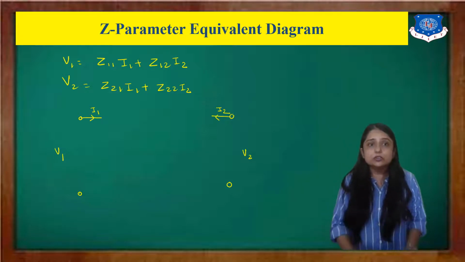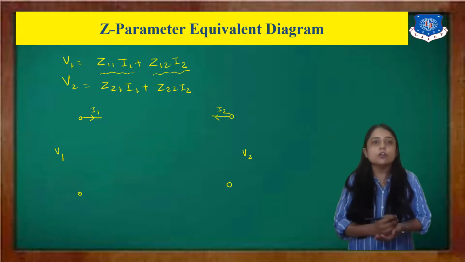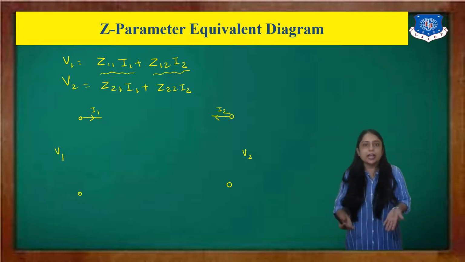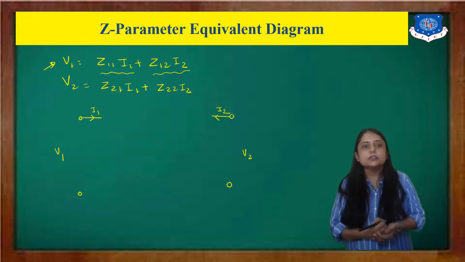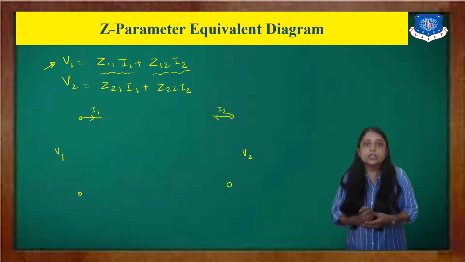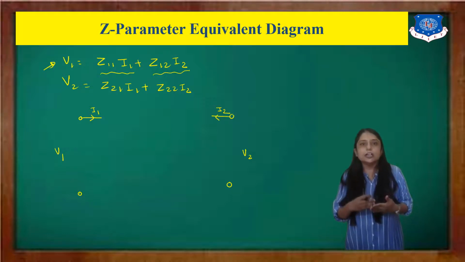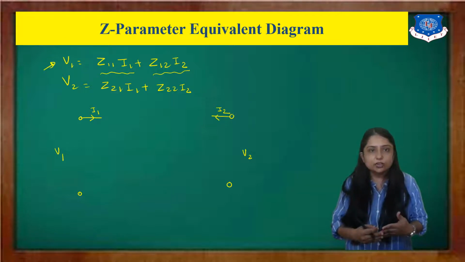That means here two voltages are there. This is also a voltage and this also specifies a voltage. Then we can add these two voltages and we will get V1. When these two voltages are connected in series, then we can add the voltages.